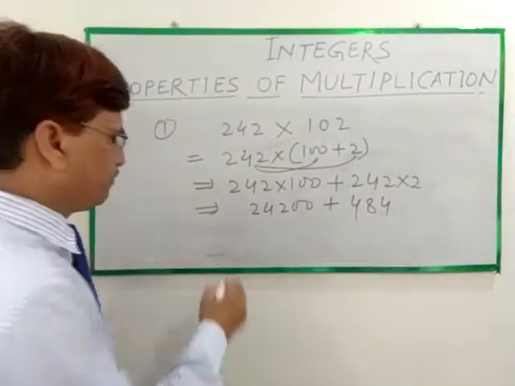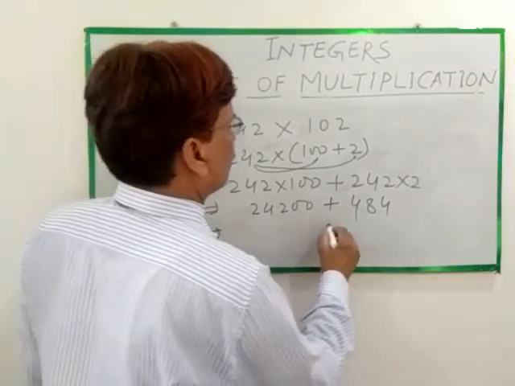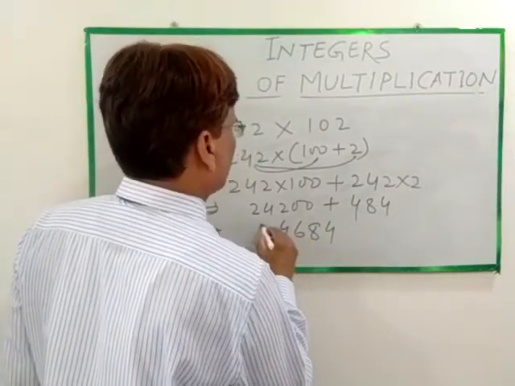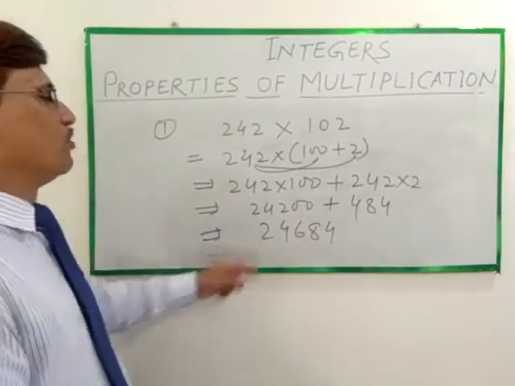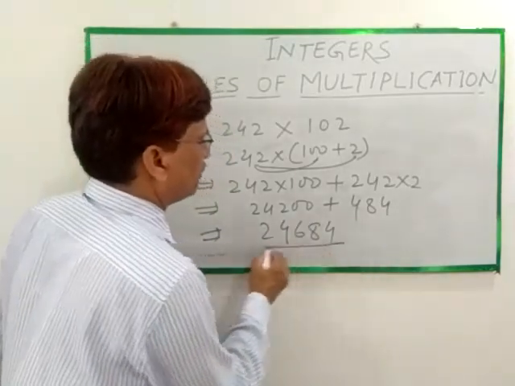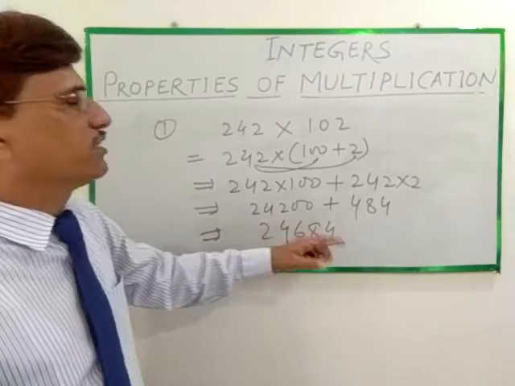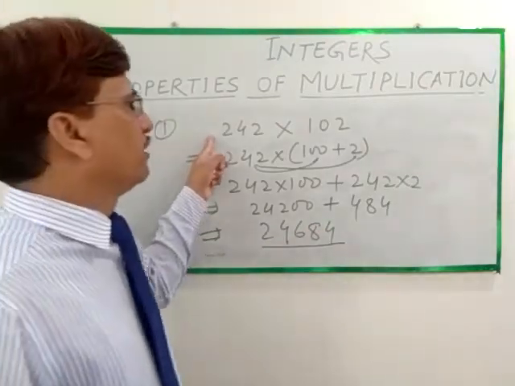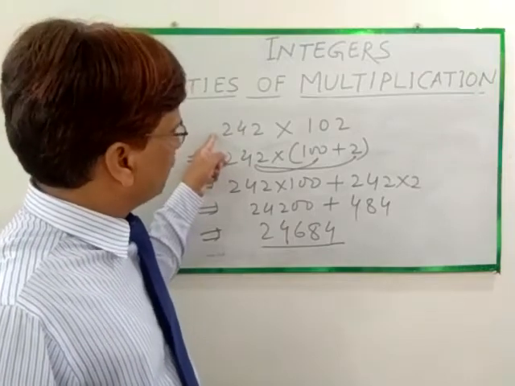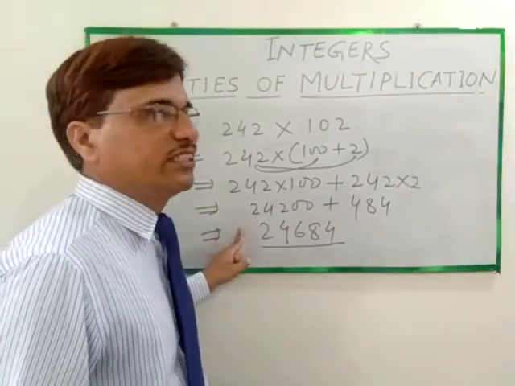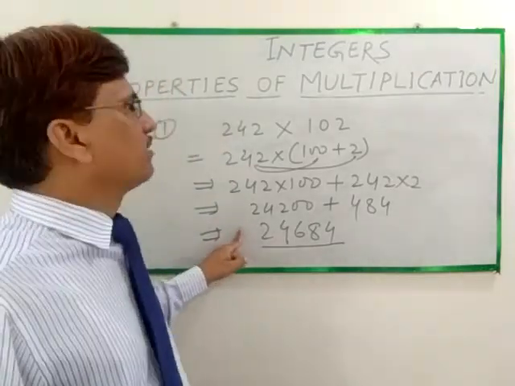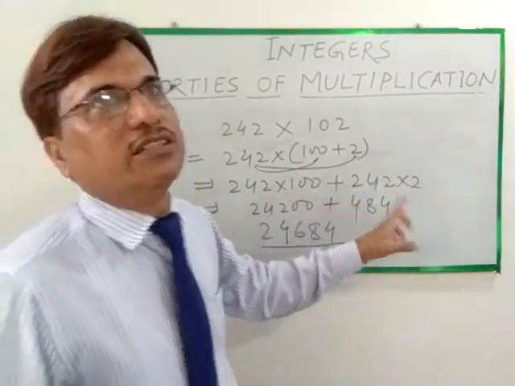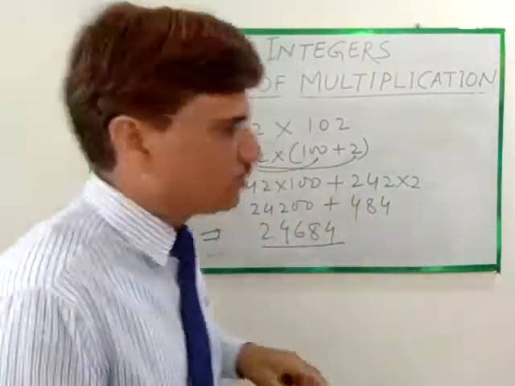Now we add: 24,684. Okay, it is very easy. If you use the distributive property, calculation will be very easy.